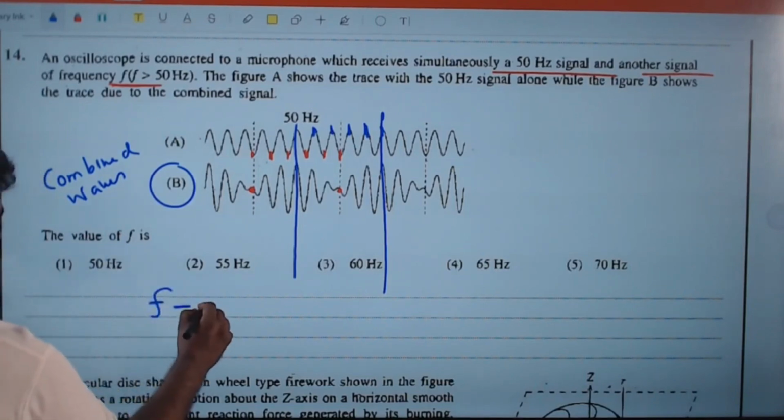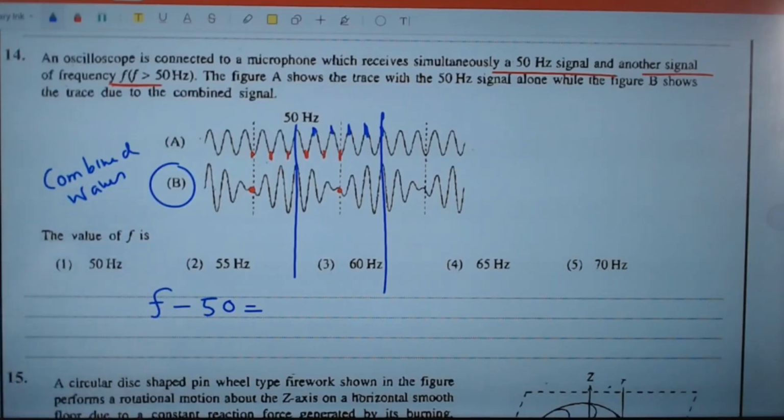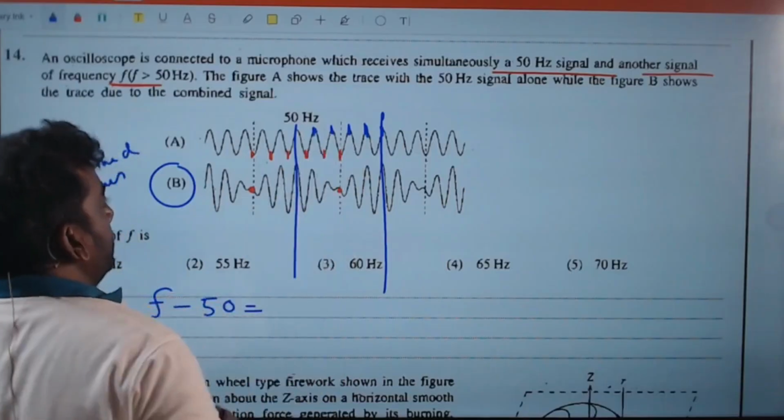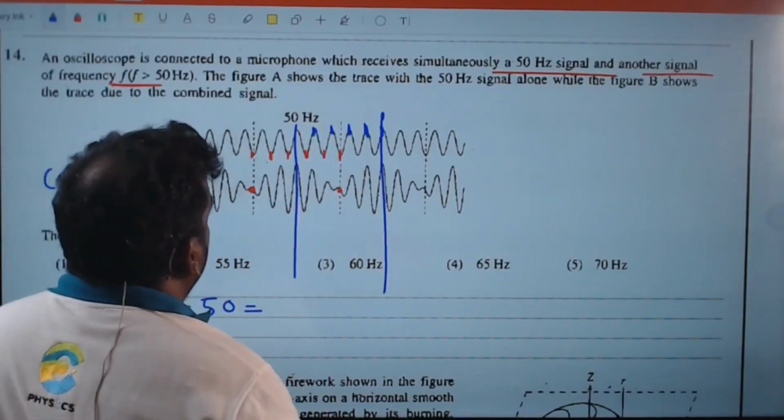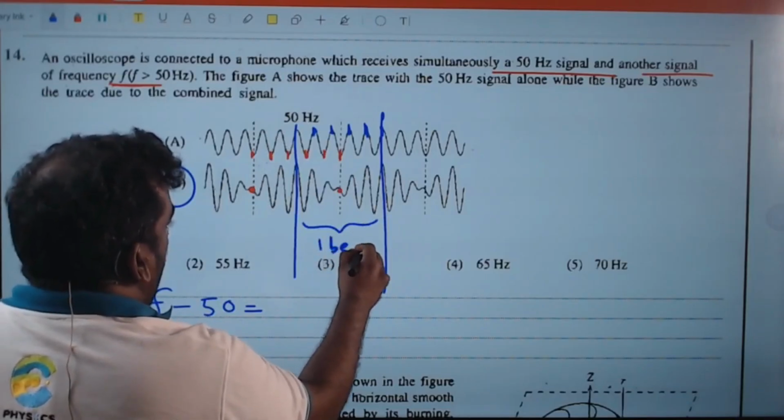So F minus 50. For 50 hertz, for every 5 cycles, there is 1 beat.